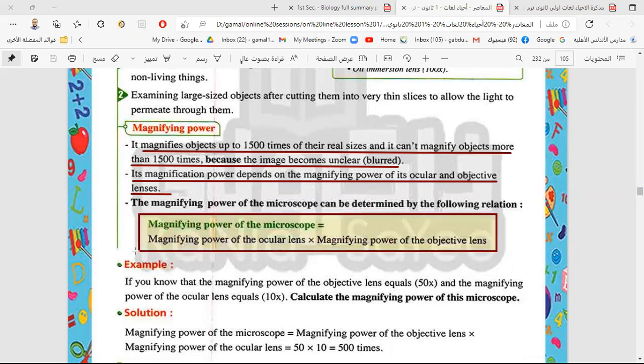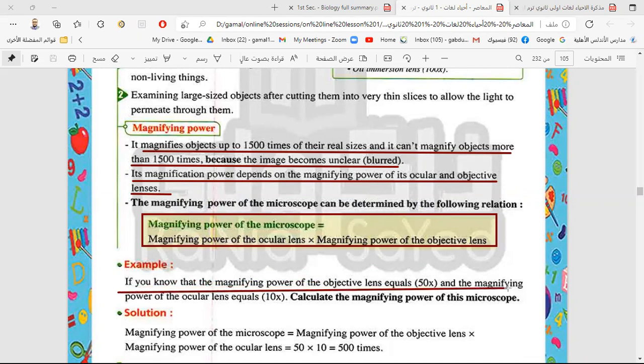The magnifying power of the microscope will be the magnifying power of the ocular lens multiply the magnifying power of the objective lens. If you know that the magnifying power of an objective lens equals 50x and the magnifying power of the ocular lens 10x, calculate the magnifying power of the microscope.